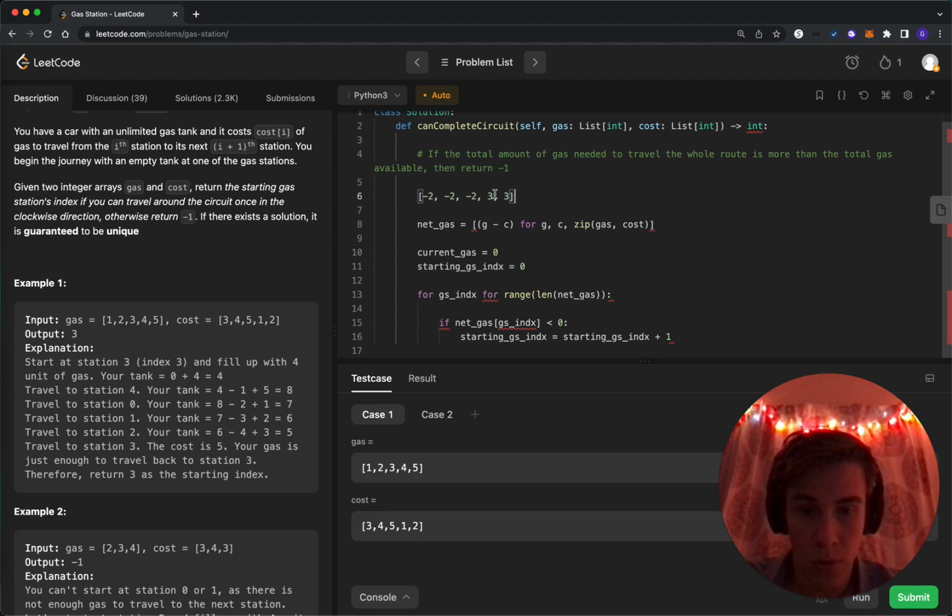Now, what if I have another -2 here? Here, this will be reset. What if I have a +2 here?